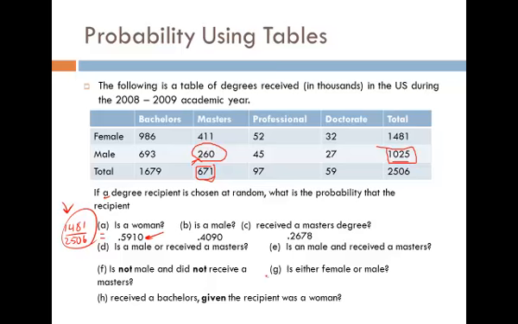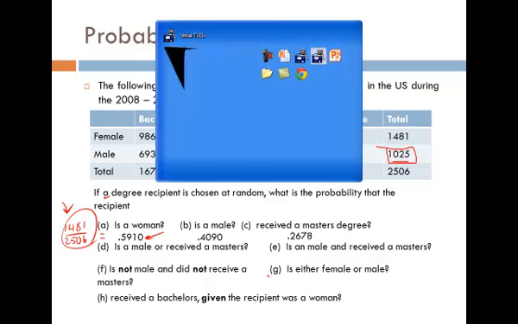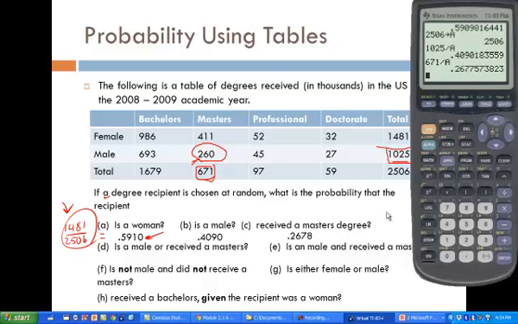So what we have to do is take 1025 plus the 671, but then take away the 260 because you've counted it twice. You're only taking away once, right?